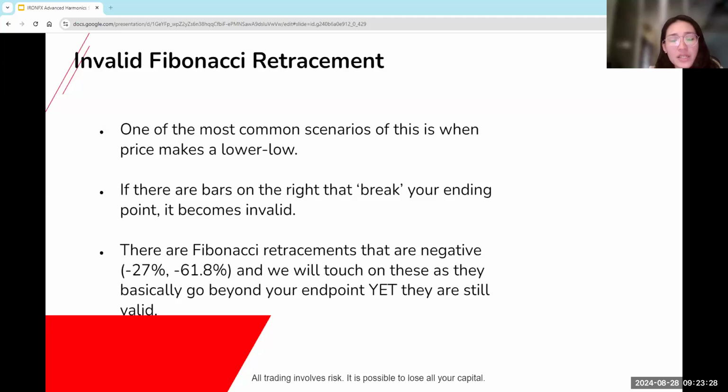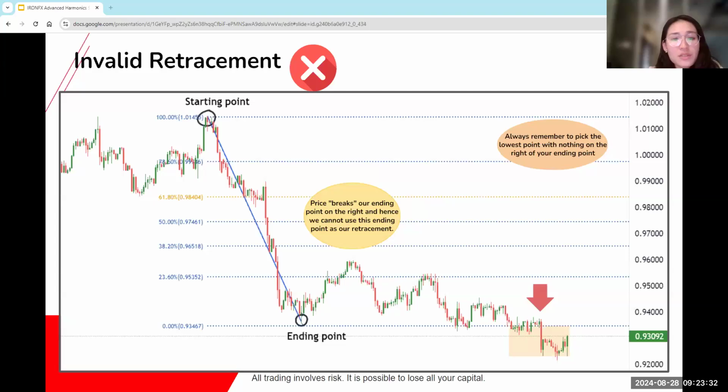But basically they go beyond your endpoint and they are still valid. So for example, here we have prices breaking below your ending point. So this then becomes an invalid retracement. So you always want to remember to pick the lowest point with nothing on the right of that ending point.